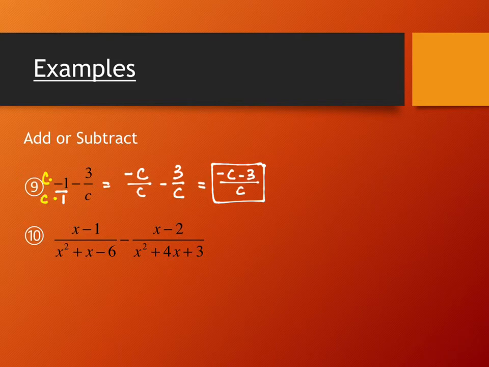We want to factor the denominators that we are given here. I'm going to just factor them where they are. There's no reason to rewrite unless you just want to, which is fine.